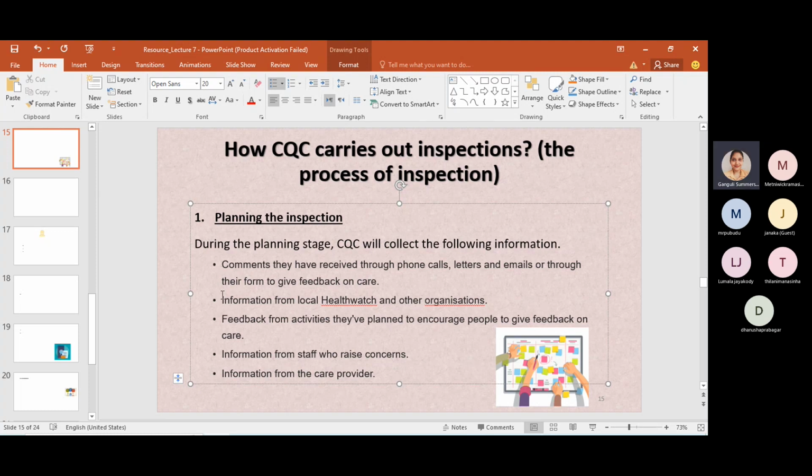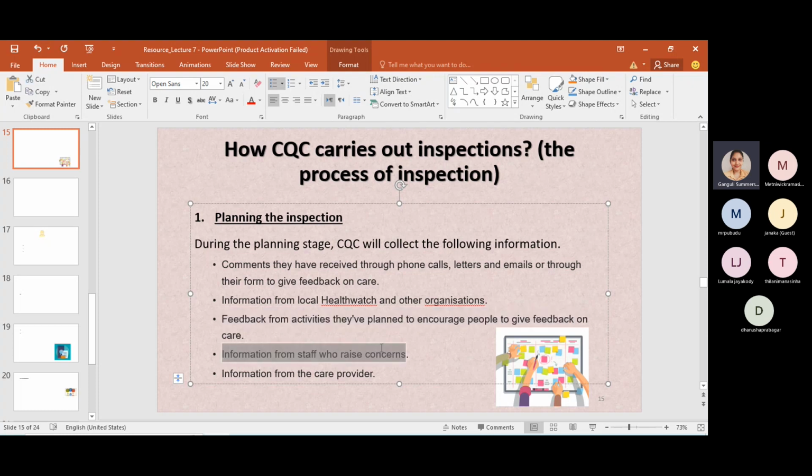They will also collect information from local Healthwatch and other organizations, and from activities they have planned to encourage people to give feedback.